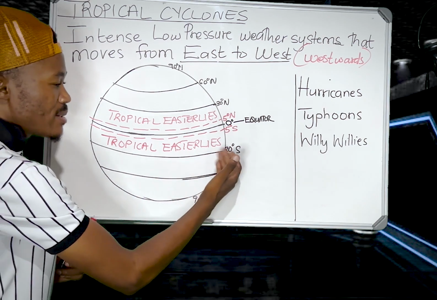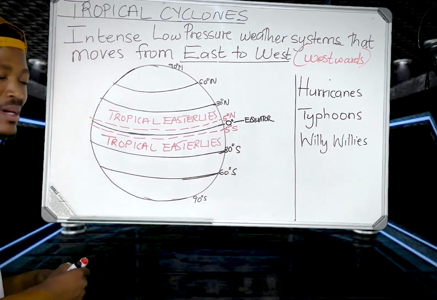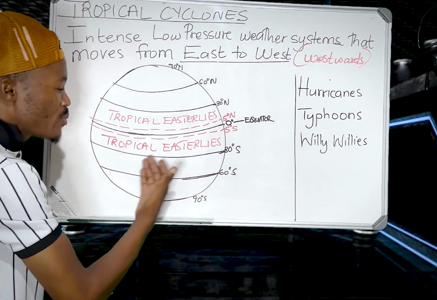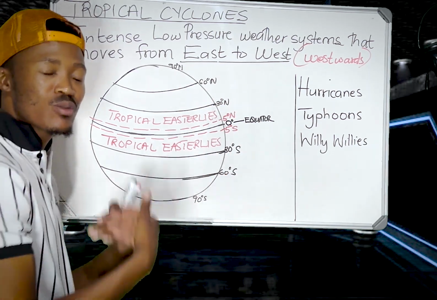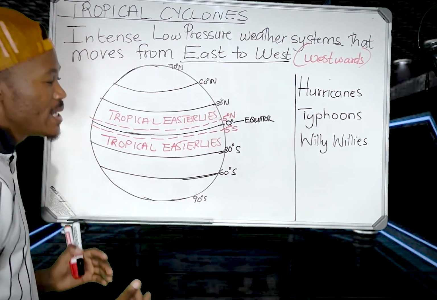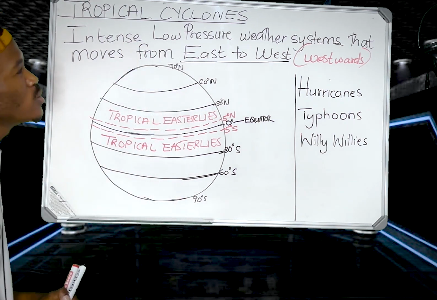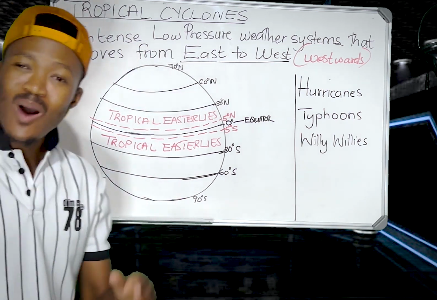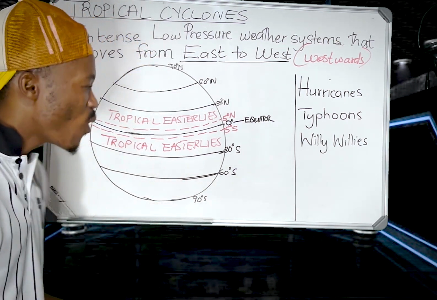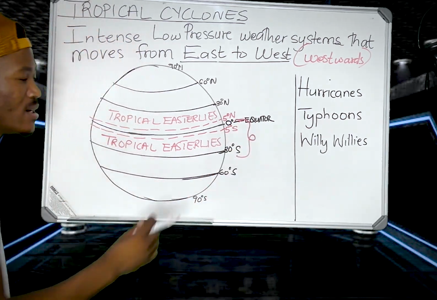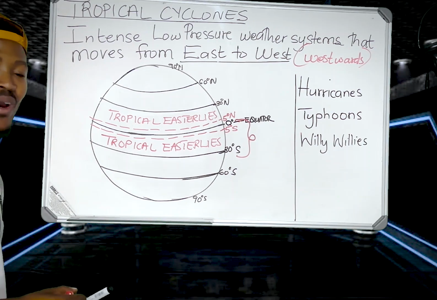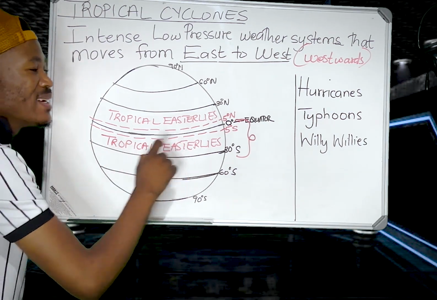And between 30 and 60 degrees latitude, this is where we find our subtropical westerlies, the ones that are influencing the mid-latitude cyclones. But for this lesson, since we are dealing with tropical cyclones, our interest lies in this wind belt, where we find our tropical easterlies.